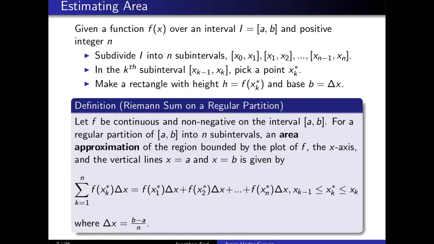So we have what are called Riemann sums. You can approximate the area underneath some function just by adding up the areas of all these rectangles. So we would add up the height of the first rectangle times the width of that rectangle, and then the height of the second rectangle times the width of that second rectangle, and so on.